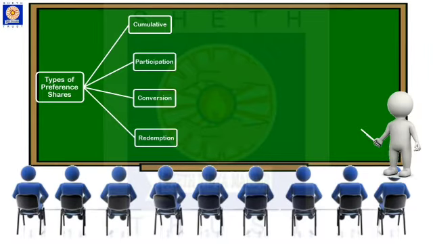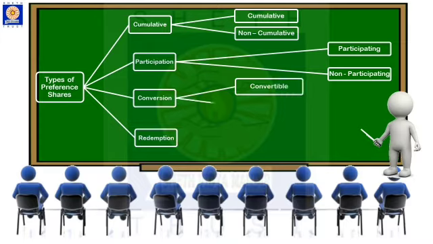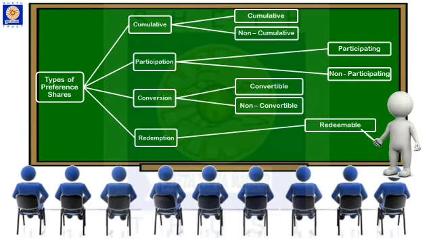Each of these categories has two types: cumulative and non-cumulative, participating and non-participating, convertible and non-convertible, and redeemable and irredeemable. Today we will discuss these 8 types of preference shares.